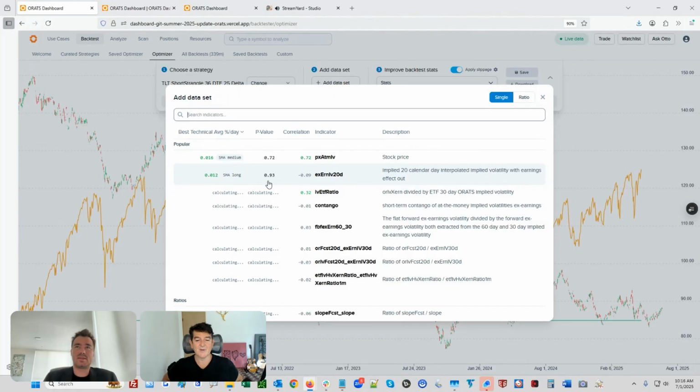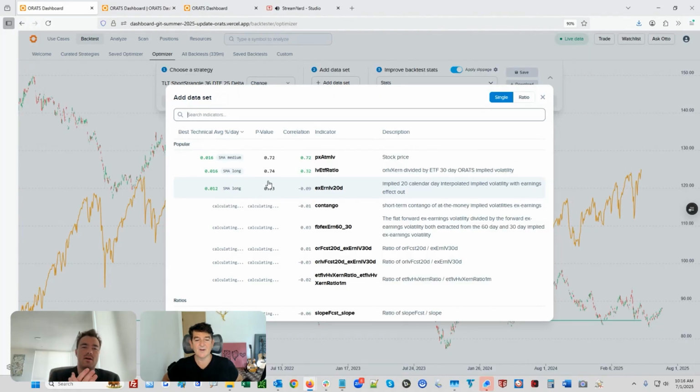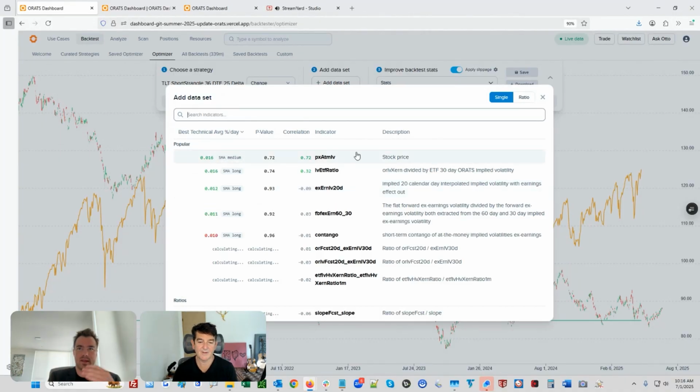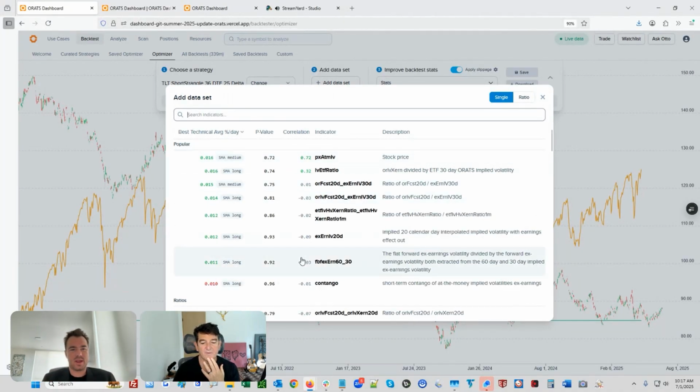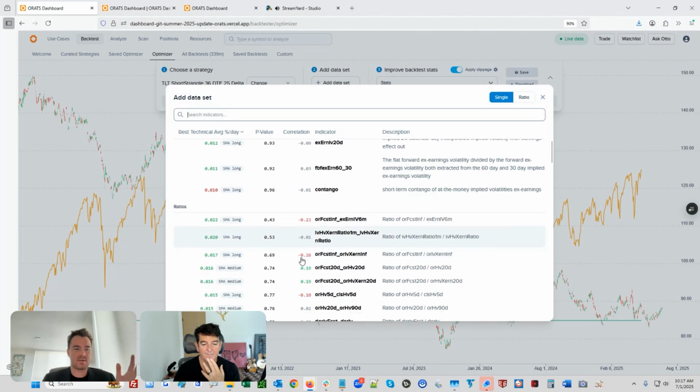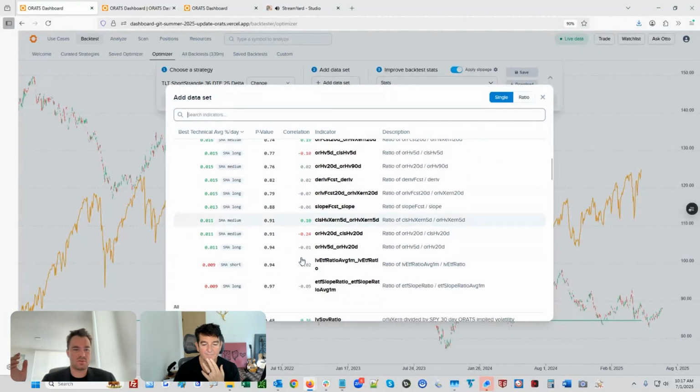Yeah, so we're testing the short, medium, and long-term simple moving average in both directions. So comparing the 10-day to the 20-day less than or greater than, the 20-day to the 50-day less than or greater than, and that's what we're doing. And we're comparing the technical indicators on the ORATS indicator, so it's not just technical indicators on the actual stock price.